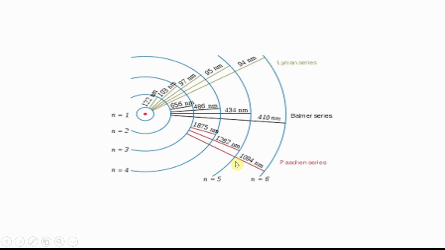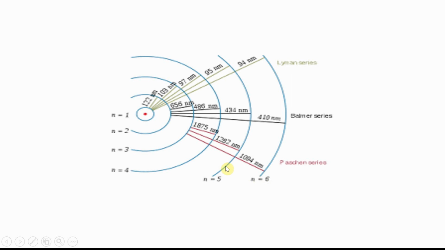And you have to see the Paschen series. In the Paschen series, from any other orbit to the third orbit, n equal to 6, n equal to 5, these are of different wavelengths. Like that, when it comes from any higher orbit to the fourth orbit, that is known as the Brackett series, and from any higher orbit to the fifth orbit, here I have represented only 6.